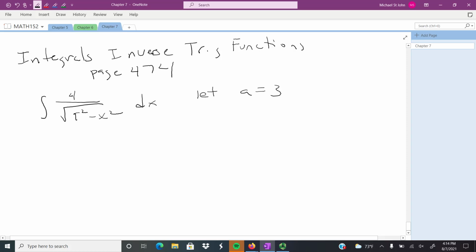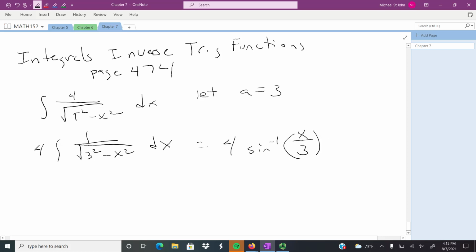And so you can take the 4 out front, 1 over the square root of 3 squared minus x squared dx, okay, which matches one of those forms we just had on that previous page. And so it would be 4 inverse sine of x over 3 plus c. Okay.